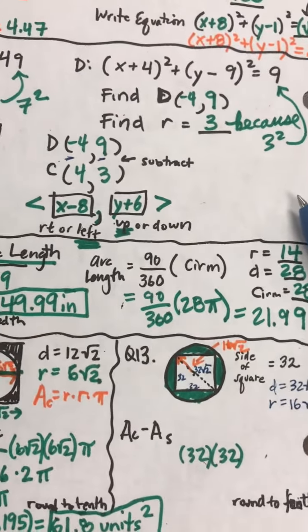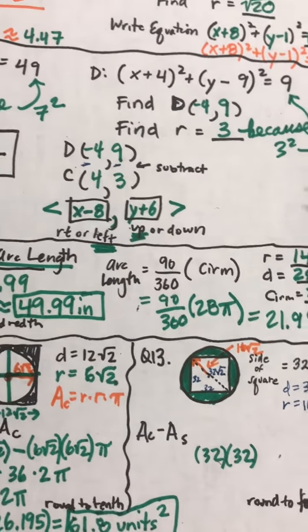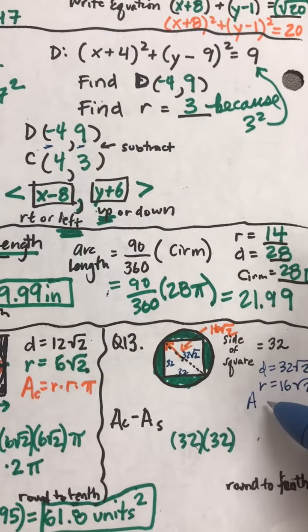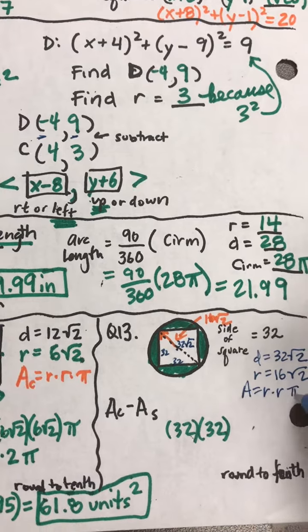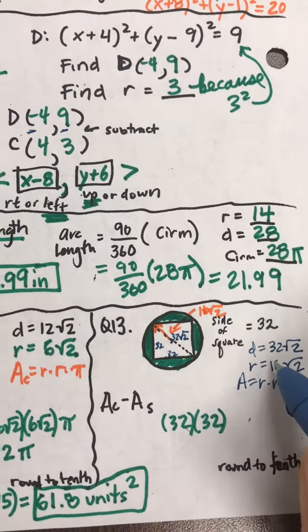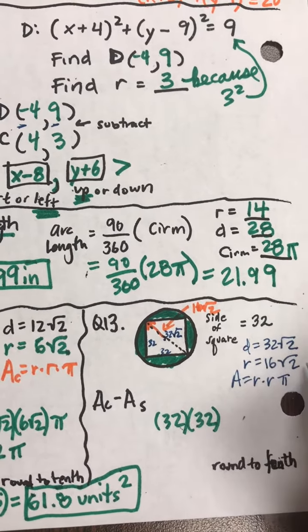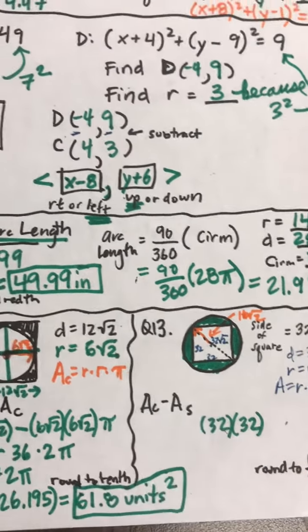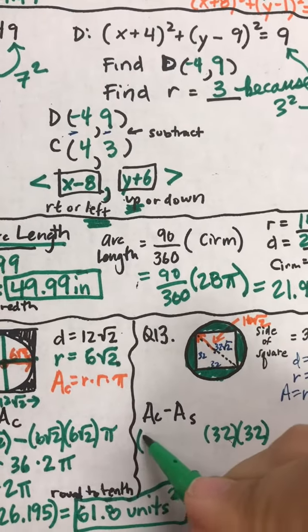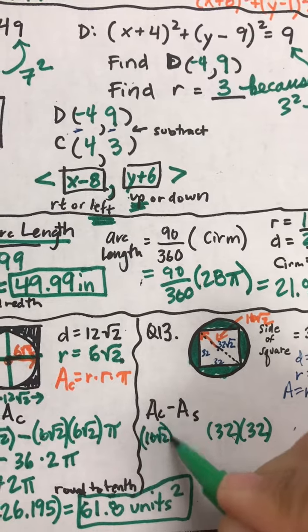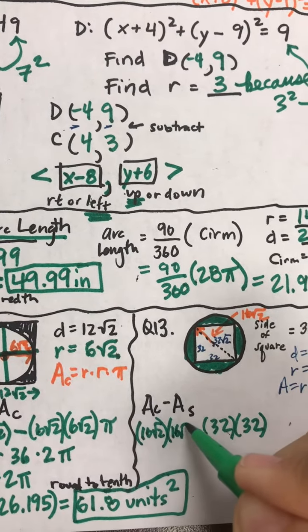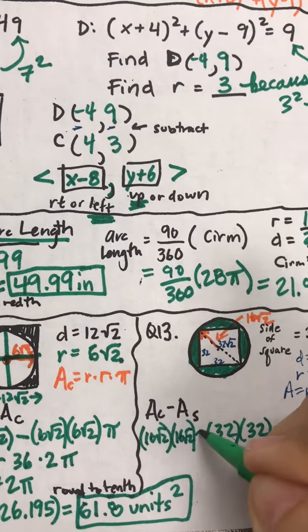Now we have our ingredients. That must mean that the area of a circle is always radius times radius times pi. So the area of our circle is this radius times that radius times pi. So I'm going to put that there. The radius, 16 times the square root of 2, times the radius, 16 times the square root of 2, times pi.